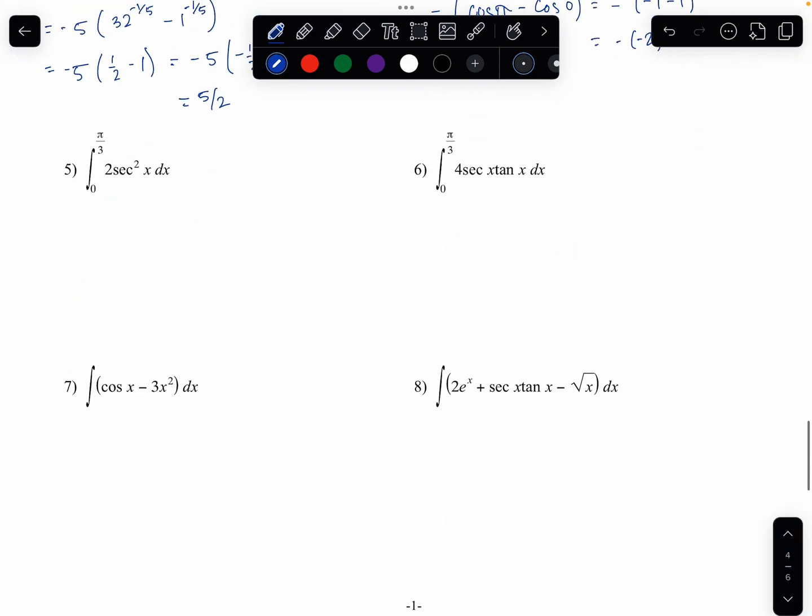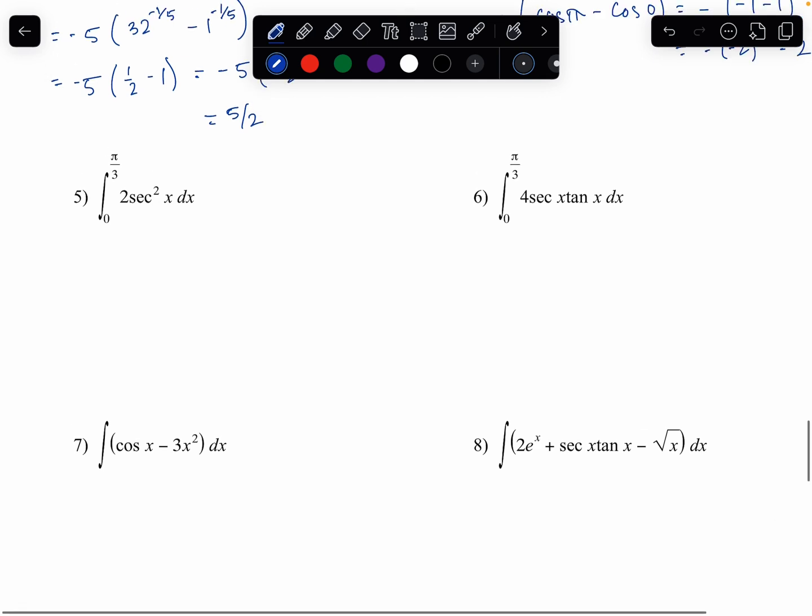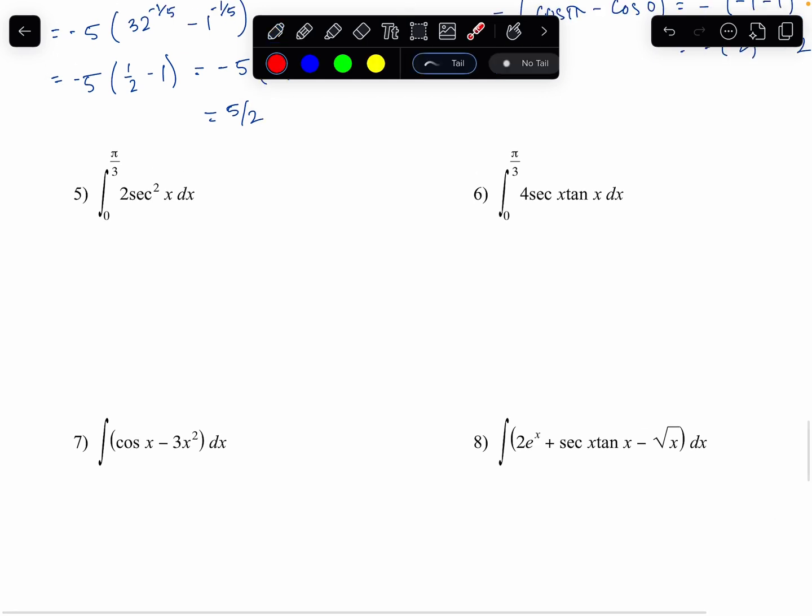So for 5, another trig. Got a lot of trigs here. I think I did that because of you guys. So let's see. Secant squared of x. The antiderivative of secant squared is tangent. So 2 tangent of x from 0 to pi thirds.